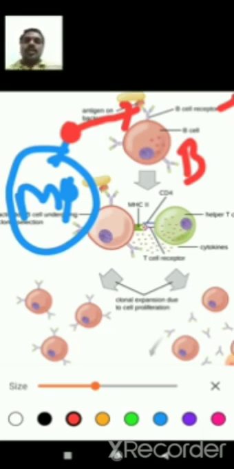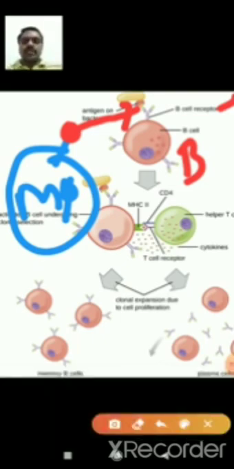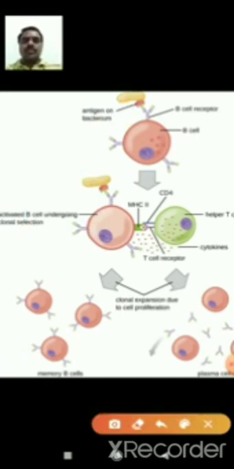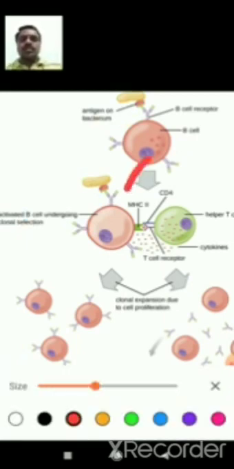After the antigen is presented by the macrophages, the B cell is activated. That is the fifth point. So when the B cell gets the antigen, naturally or by the macrophages, the B cell is activated. We call these activated B cells.